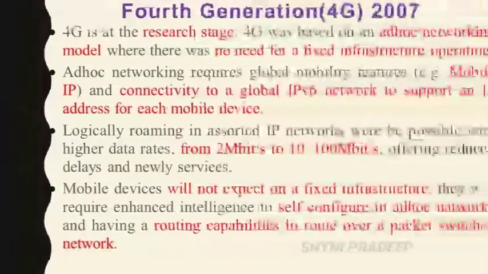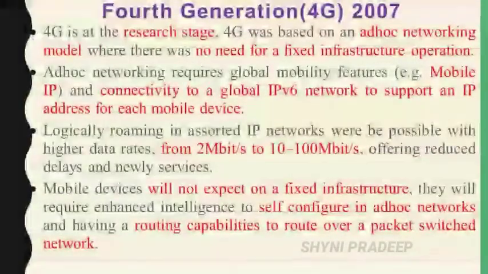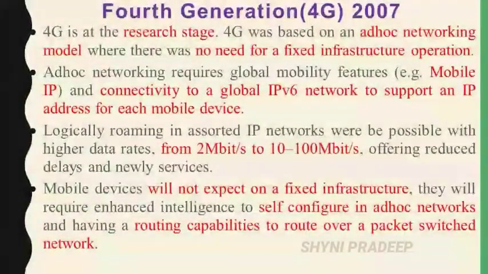Next, fourth generation 4G. Its year is 2007. It is based on the ad hoc networking model. Ad hoc networking requires global mobility features, which means mobile IP. This ad hoc networking is used to support an IP address for each mobile device. Its data rate is from 2 megabits per second to 10 to 100 megabits per second.